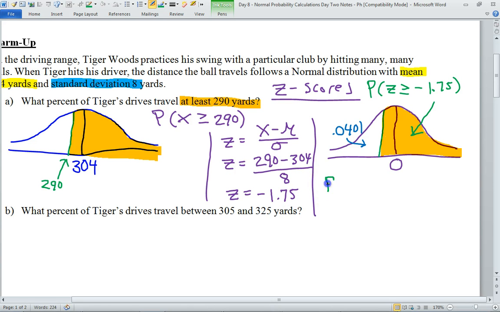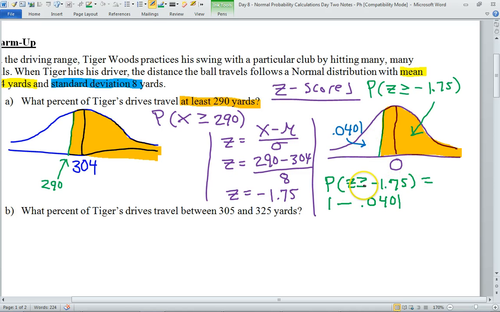Hopefully you said I need to subtract from 1. So if I want to find the percentage of z values that are greater than negative 1.75, I'm going to have to do 1 minus 0.0401. 0.0401 is the percentage of values that are less than.